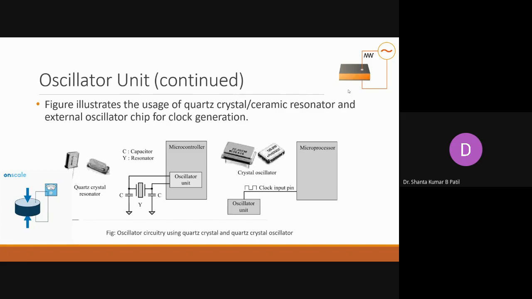With the help of the quartz crystal, which is a piezoelectric material, we generate the clock cycle, which is most essential for the embedded system to perform operations like addition, subtraction, and logical operations like AND, NOT. Until we have these clock cycles, it will not perform. The clock cycles are generated by the piezoelectric material.